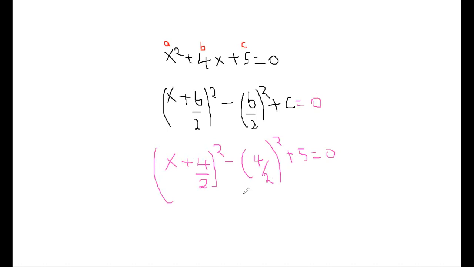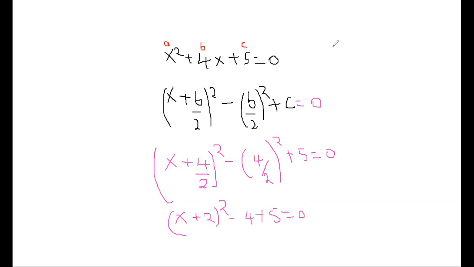So this can be x plus 2, because 4 over 2 is 2, then squared, minus 2 squared, which is 4, plus 5 is equal to 0.